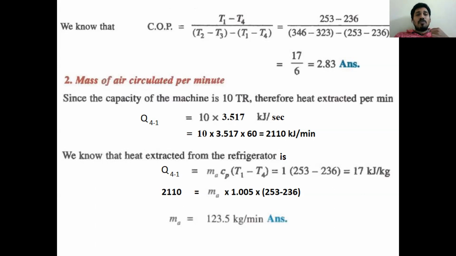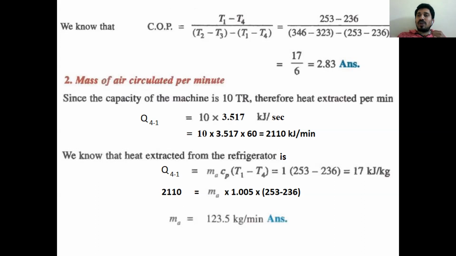Now, amount of heat extracted or heat removed from refrigerator Q41 is equal to, we know that equation, for process 41, heat equation m Cp delta T. M means mass of air circulated, Cp working fluid specific heat. Here working fluid is air, so specific heat of air, and temperature difference, maximum temperature minus minimum temperature.